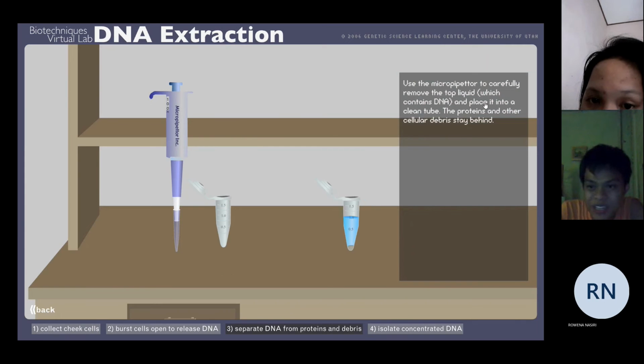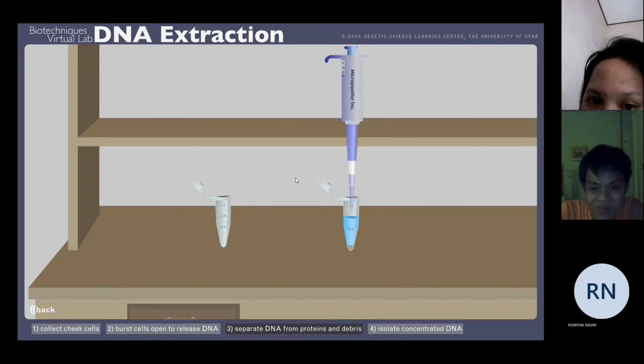Use the micropipetter to carefully remove the top liquid which contains DNA and place it into the clean tube. The proteins and the other cellular debris stay behind. The debris stays at the bottom, and the DNA is mixed in the water.